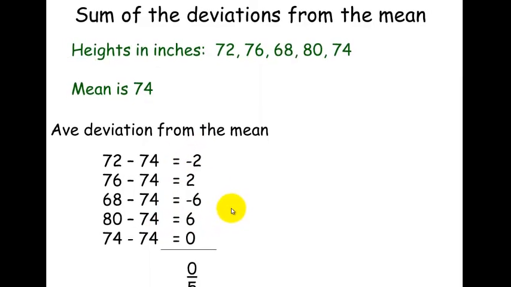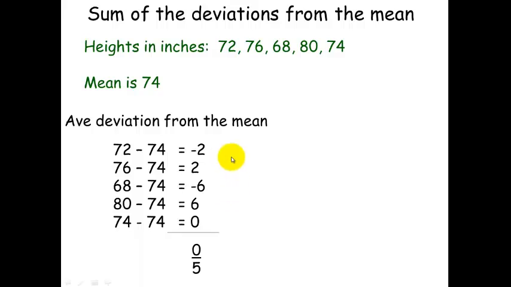If we are going to get the average of this, it will be equal to 0. And this is always the case. Whenever we get the average deviation from the mean, it is always equal to 0. So this is the deviation.